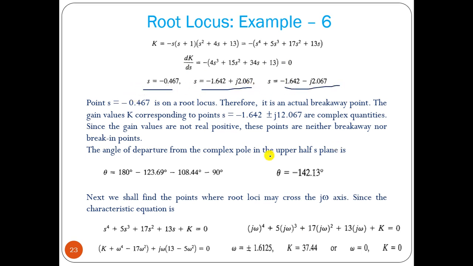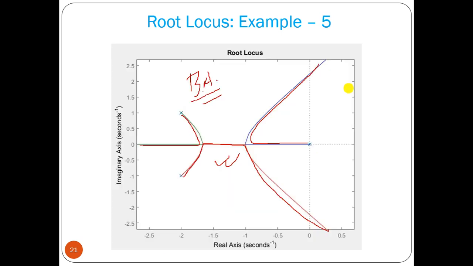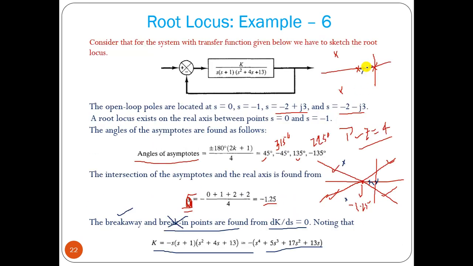Now we have to check them. Between 0 and -1, between these 2 points, the root locus path exists. And here we don't have any root locus path, because on the right hand side we have 2 poles. So -0.46 is the valid point.